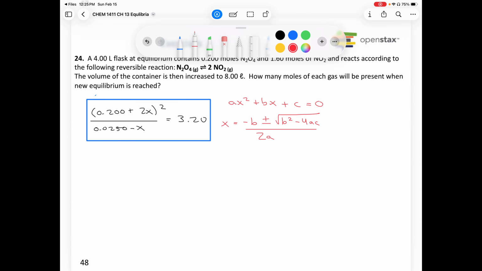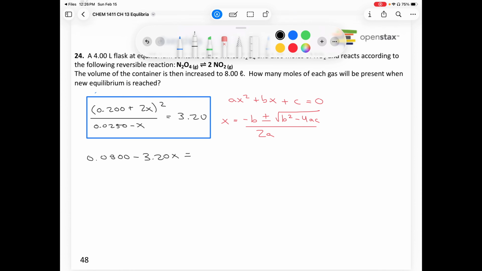When we simplify the equation that's in the blue box here and put it in the form of ax squared plus bx plus c is equal to 0, I first simplified it by multiplying the 0.25 by 3.2, and we end up with 0.0800. Then I multiply the negative x by the 3.20, which gives me negative 3.20x.